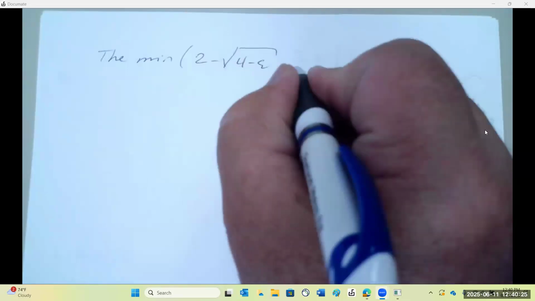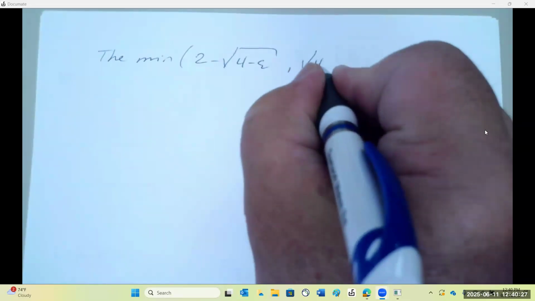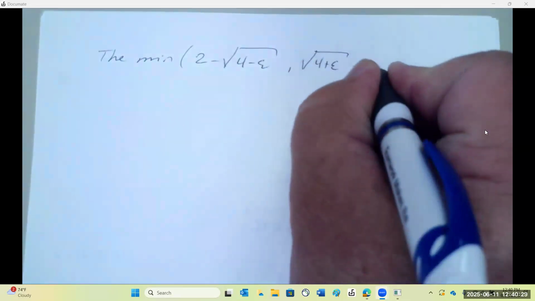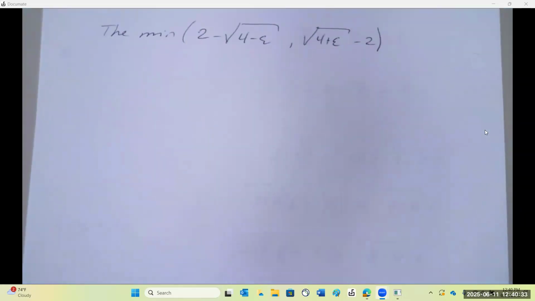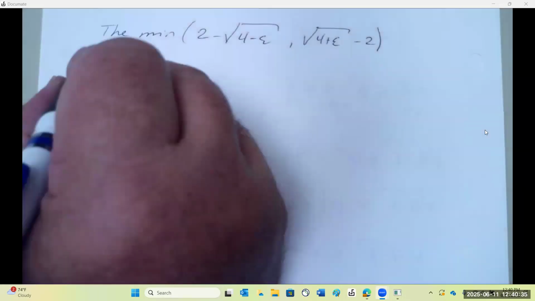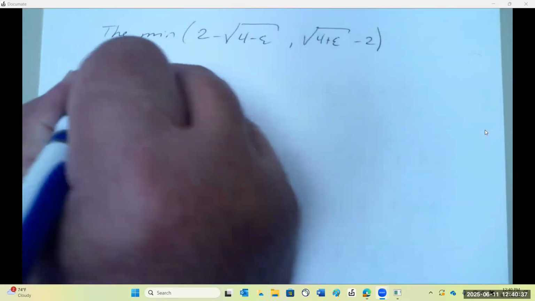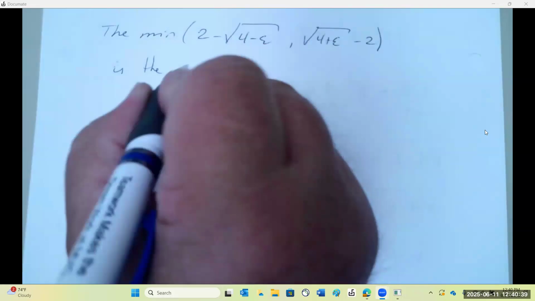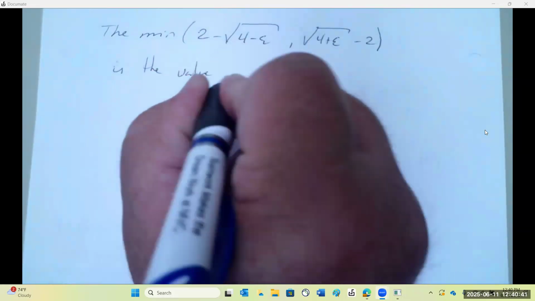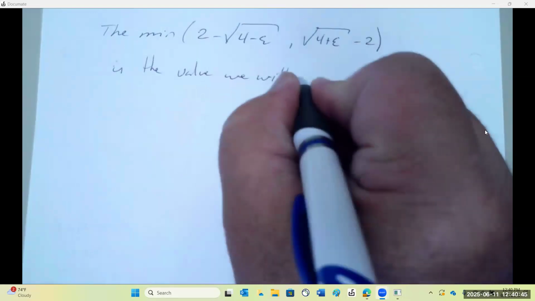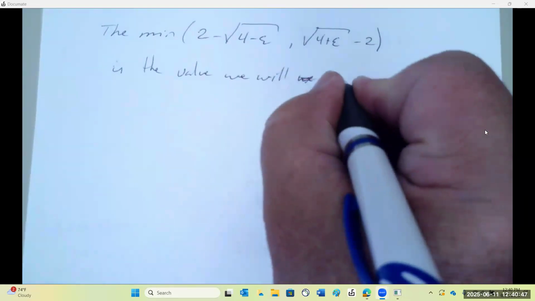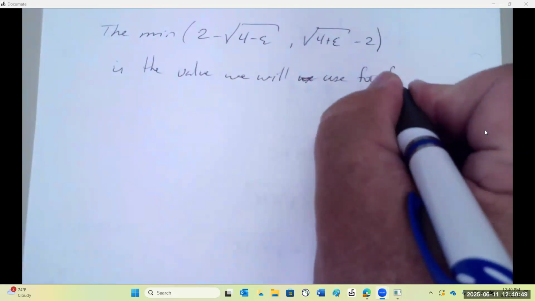The min of those is the value we will use for our delta.